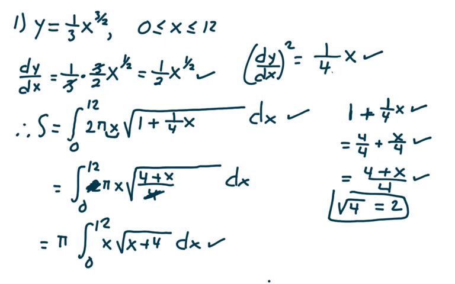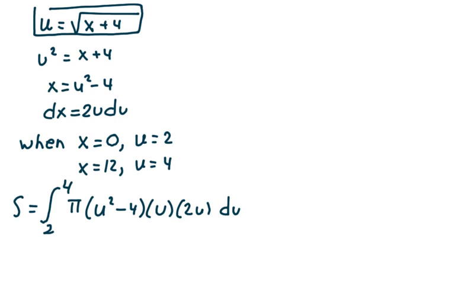To evaluate this integral, we're going to let u equal the square root of x plus 4. That's the key right there. Square both sides and we get u squared equals x plus 4. Solving for x, we get x equals u squared minus 4. dx is 2u du.